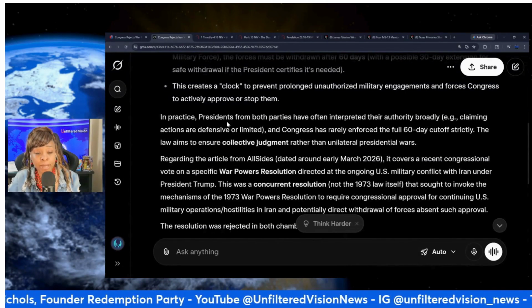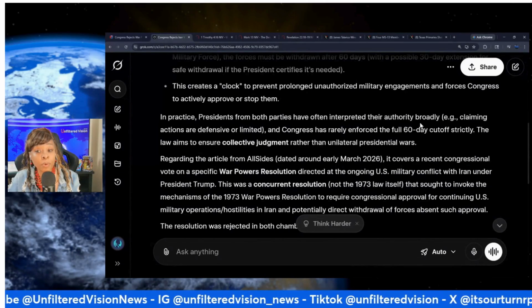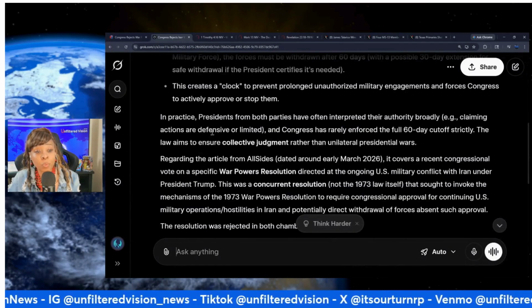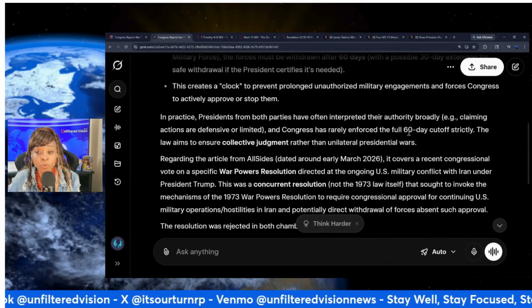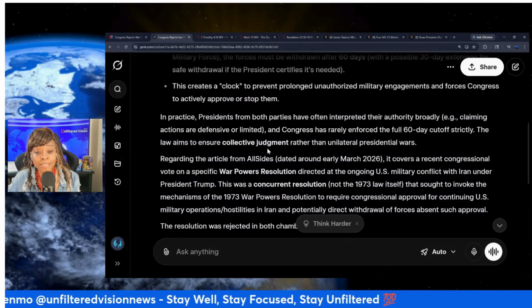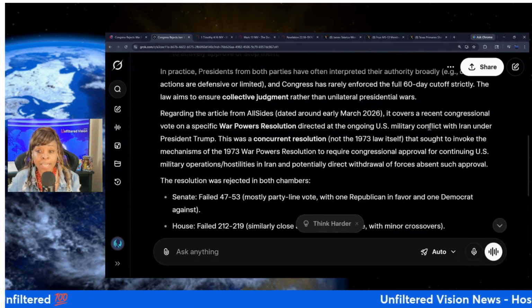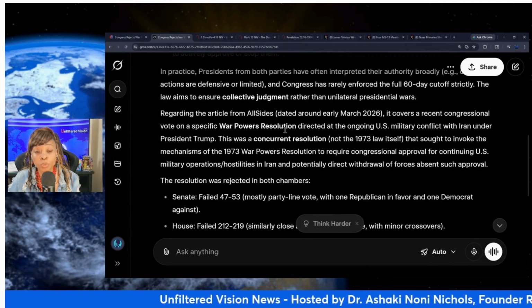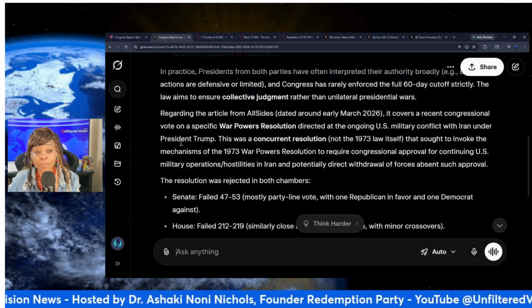So in practice, presidents from both parties have often interpreted their authority broadly, claiming actions were defensive or limited, and Congress has rarely enforced the full 60-day cutoff strictly. The law aims to ensure collective judgment rather than unilateral presidential wars. Regarding the article from all sides, it covers a recent congressional vote on a specific war powers resolution directed at the ongoing U.S. military conflict with Iran under President Trump.